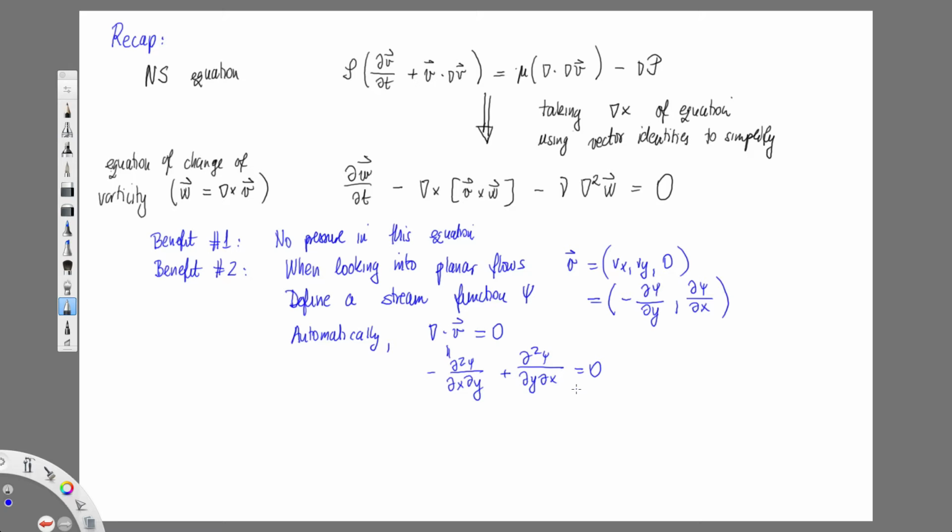And we went through figuring out the vorticity of a flow field like this.